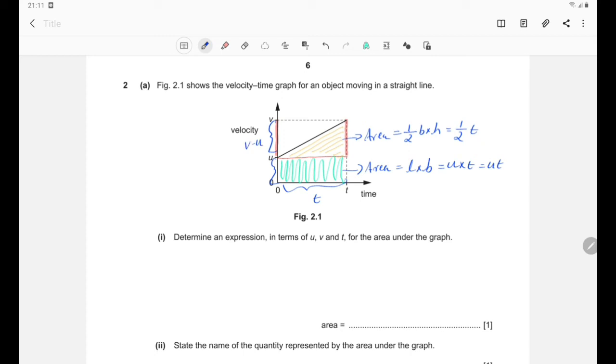So in the equation, instead of height, you can write down v minus u. Now the total area of this graph will be the sum of these two. So you will get area is equal to the area of the rectangle, that is ut, plus area of the triangle, that is half into t into v minus u. So this is the area.